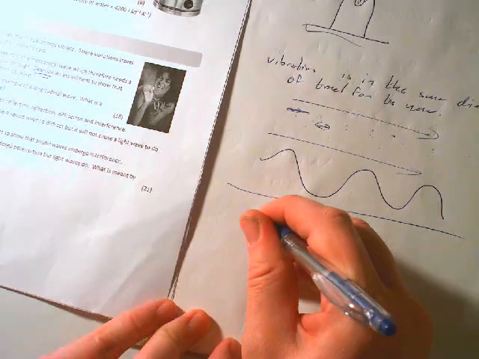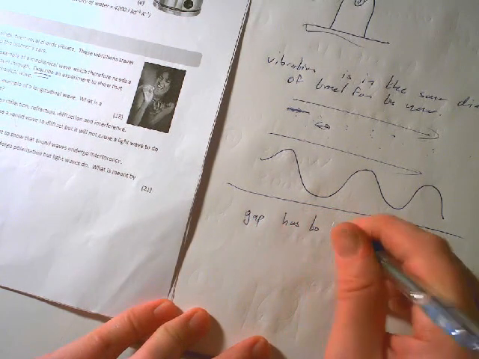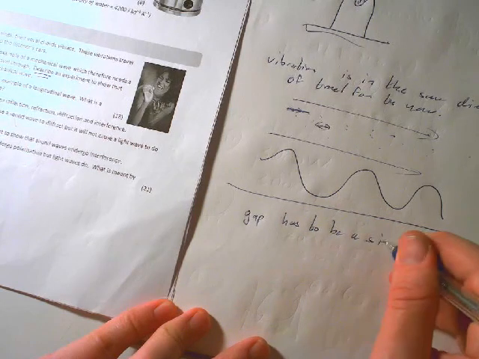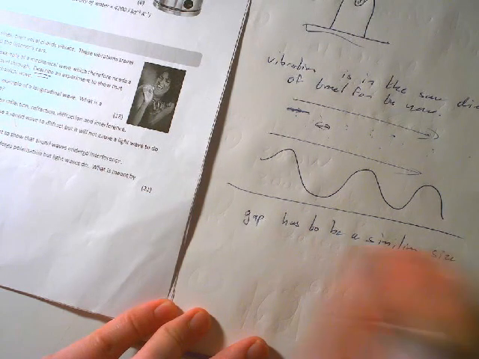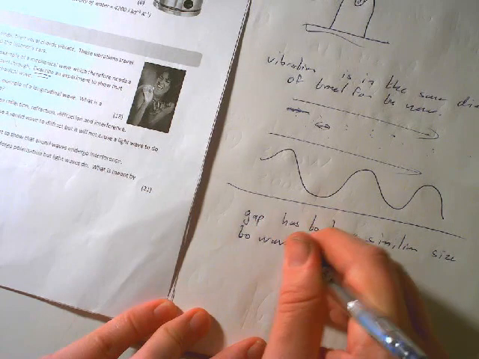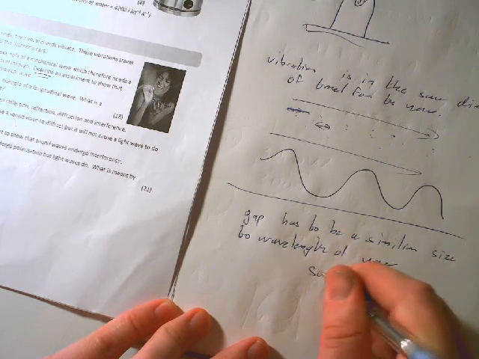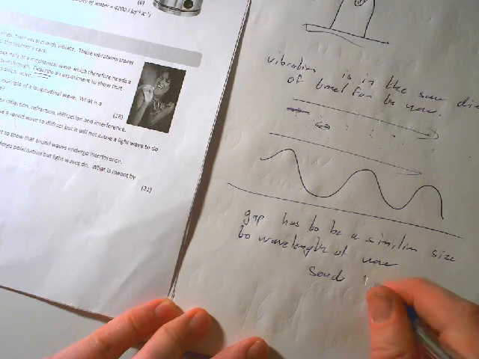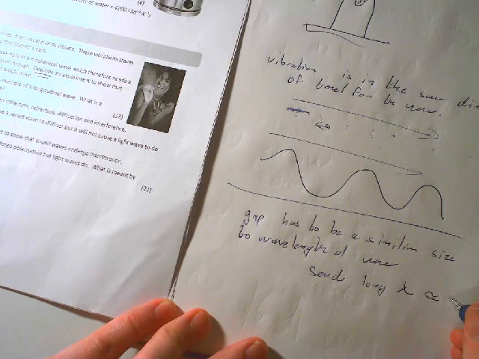Okay, part 3. Sound waves can undergo reflection, refraction, diffraction, and interference. A doorway may cause a sound wave to diffract, but it will not cause a light wave to do so. Explain why. Well, that's because the gap has to be of a similar size. The size of the gap has to be a similar size to the wavelength of the wave.